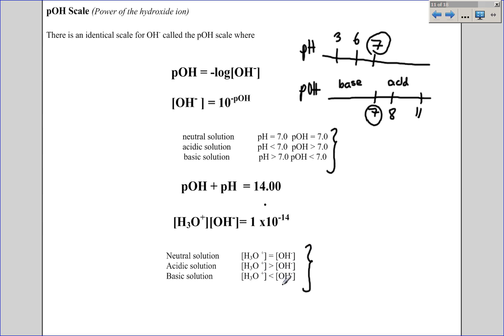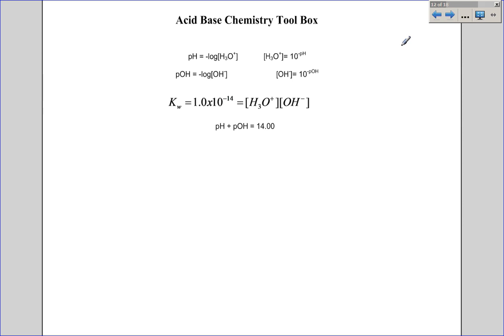And for a basic solution, the hydroxide is in a higher concentration. What this is leaving us with is what I'll refer to as the acid-base chemistry toolbox. We have 6 formulas that we've derived related to pH that are going to help us to do a number of calculations.